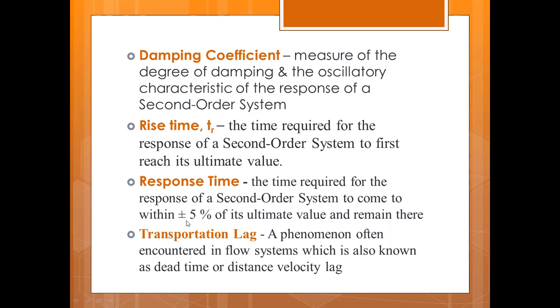So plus or minus 5%, meaning it could either be 95% of the ultimate value or 105% of that. Unless your system has already stabilized and you have a horizontal line for its graph, your answer for the response time should be in the form of a range of values from 95% to 105%.